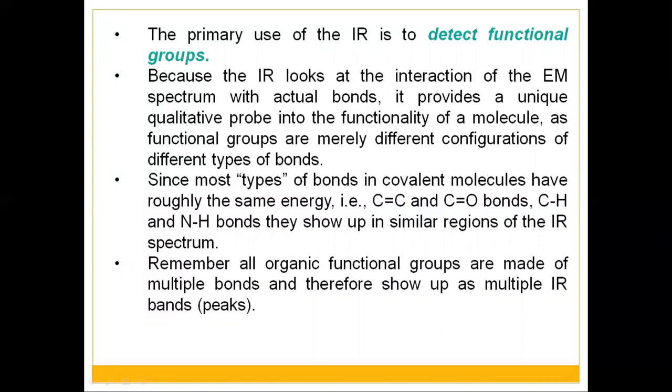Since most types of bonds in covalent molecules have roughly the same energy, that is, carbon-carbon double bonds and carbon-oxygen double bonds, CH and NH bonds, they show up in similar regions of the IR spectrum. Remember, all organic functional groups are made up of multiple bonds and therefore show up as multiple IR bands or peaks.